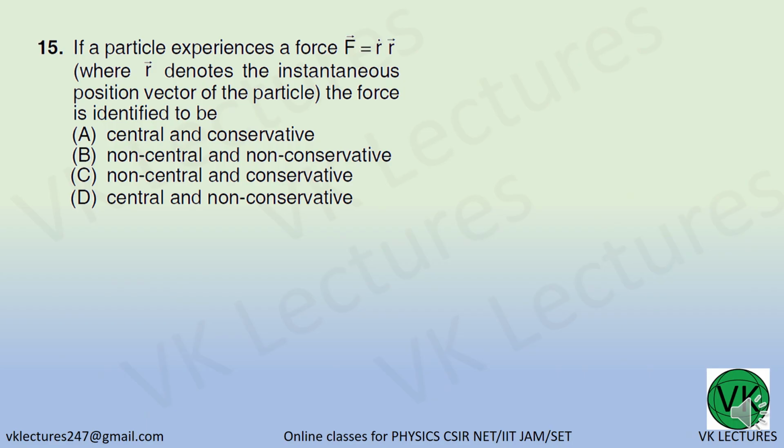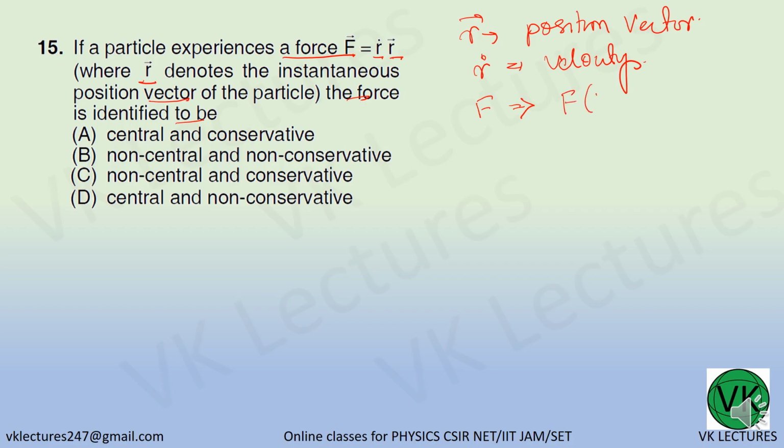A particle experiences a force F is equal to r dot into vector r, where vector r denotes the instantaneous position vector of the particle. Then the force is identified to be what? Now r is a position vector, which means r dot is nothing but velocity. Now if a force can be written as a function of velocity, then the force is a non-conservative force.